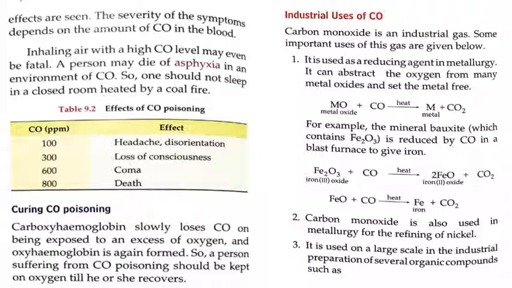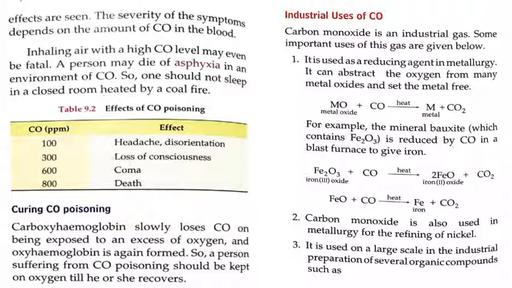What we had was Fe2O3, iron(III) oxide, and after reaction with carbon monoxide, we get iron(II) oxide. Then, if iron oxide reacts with carbon monoxide again on heating, it leads to the formation of iron plus carbon dioxide.